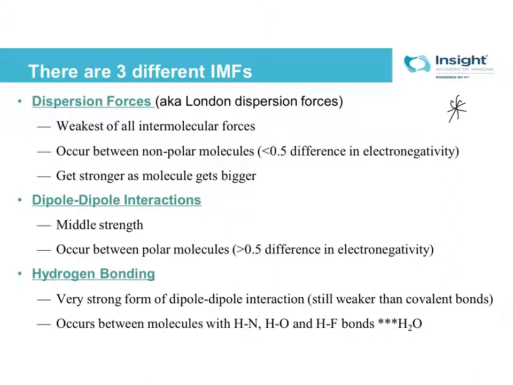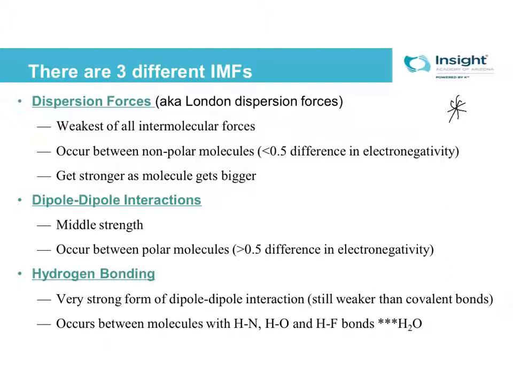The last one here is hydrogen bonding, and this is why earlier I mentioned these are not bonds. This is very poorly named. This isn't an actual bond. But hydrogen bonding is a very strong form of dipole-dipole interaction. Still weaker than the bonds we've talked about, covalent and ionic.